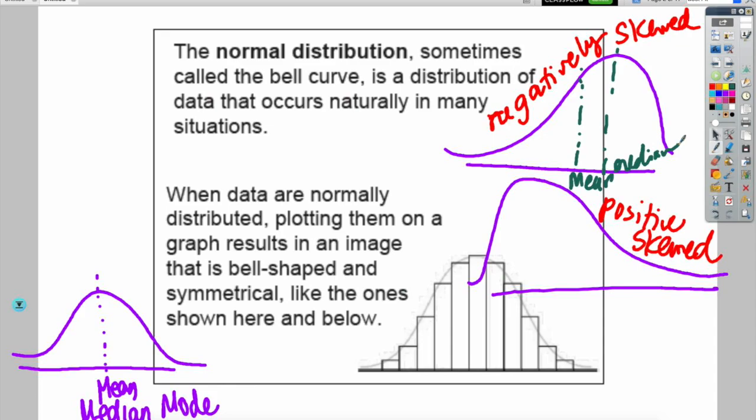Is the median greater than the mean? And stuff like that. You kind of will want to know this type of relationship. Okay? And then it would be the opposite. The mean is less than the median on the negatively skewed one. And then vice versa on the positively skewed one. Okay?